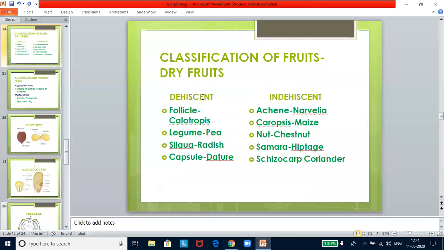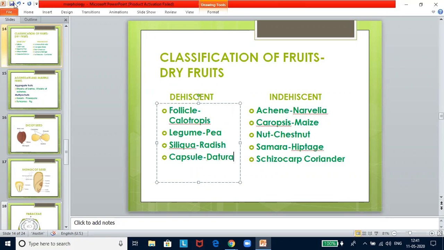Now let us look into classification of fruits. Dry fruits are divided into dehiscent and indehiscent fruits. Dehiscent fruits: follicle, calotropis. Legume, pea. Siliqua, it is radish. I'm sorry, there is a spelling mistake, it is siliqua. Capsule, it is datura.